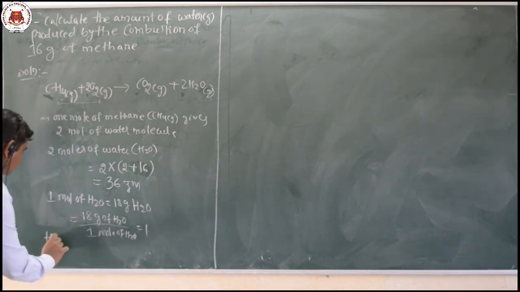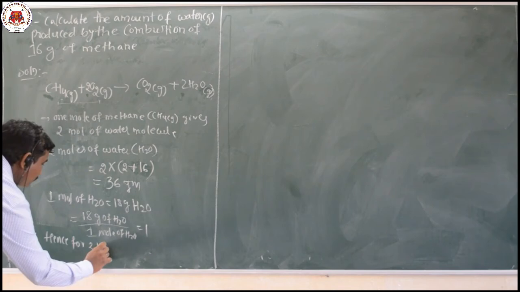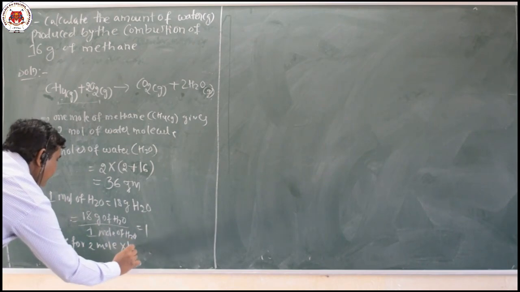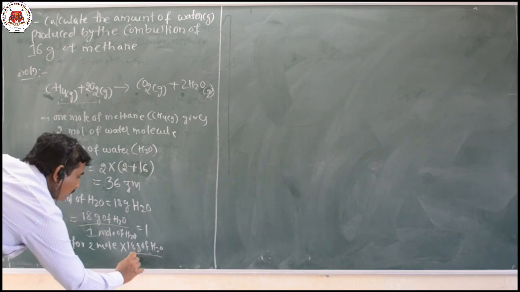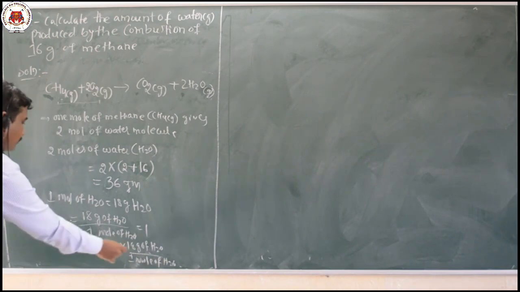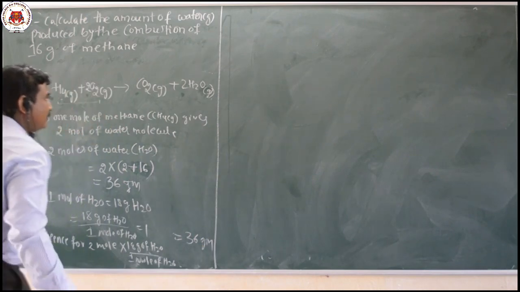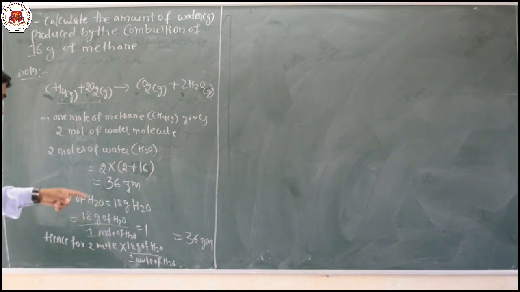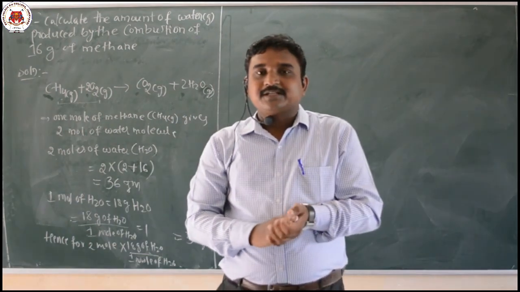Hence for 2 moles, you have to write 2 moles into 18 gram of water divided by 1 mole of H2O, that gives 2 into 18, equal to 36 gram of water molecule. Calculate the amount of water: that is 36 gram of water produced. With this I will stop here. Next class we will discuss further examples. Thank you.